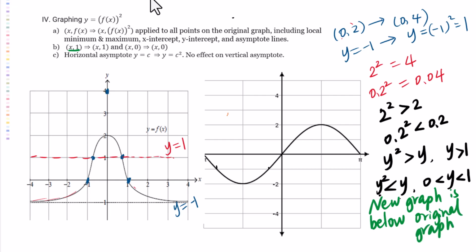When we draw the graph between these 2 points, you have to draw like this, because their y-coordinate is between 0 and 1. This part of the graph of y squared will increase more slowly.